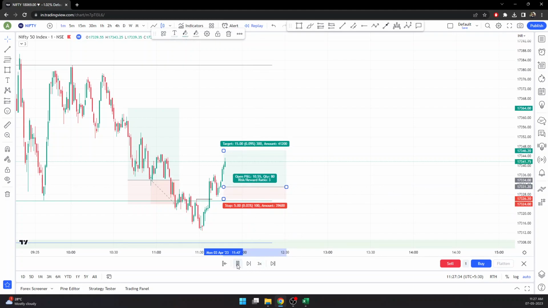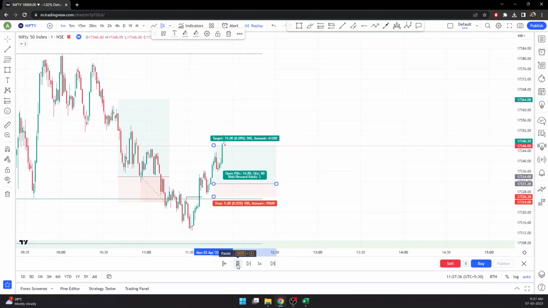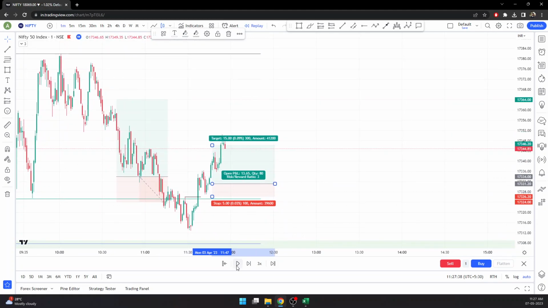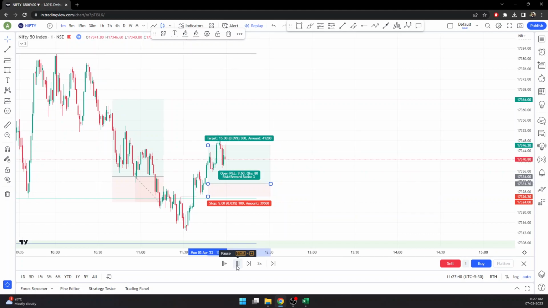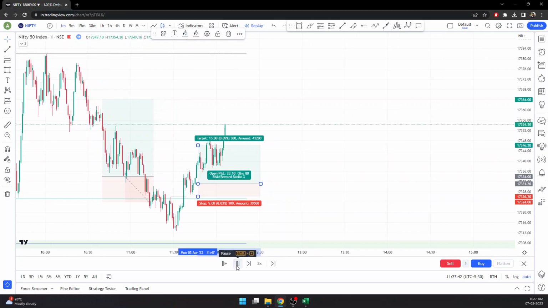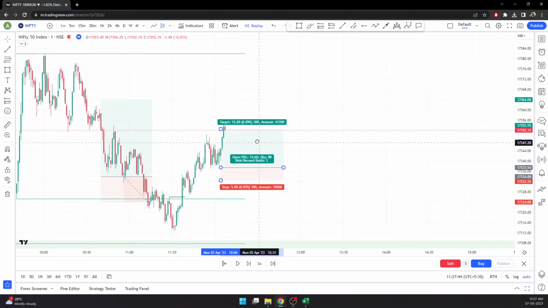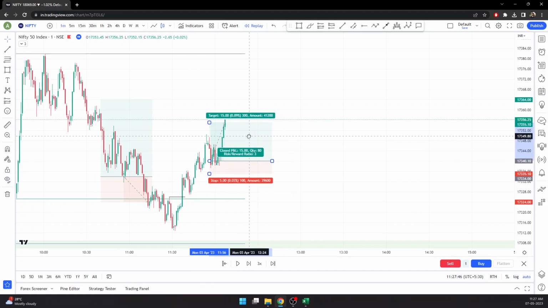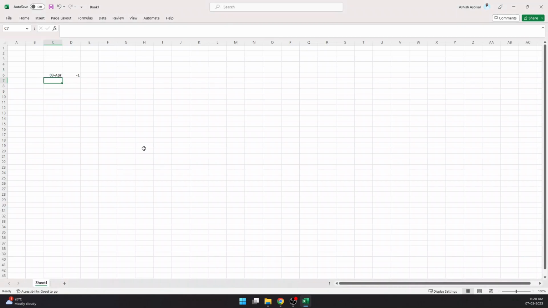Okay, let's wait for the entry positions. Okay, no, it is still going upward. We can see we could have got entry somewhere here, as it has already broken this structure and came down. So this is the entry position for us, and it has already given us 1:3 risk reward.